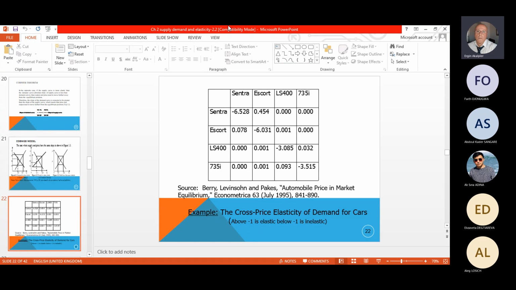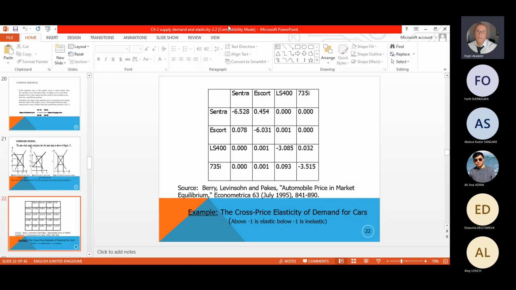If it is Mercedes, you have more flexible preferences. But if it is changing from Mercedes to Sentra or Escort to others, there is, of course, a problem. This is how it is realized. And similarly for the BMW and the Sentra, there is also almost zero, as I mentioned in the first column.